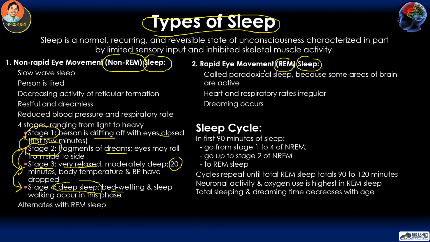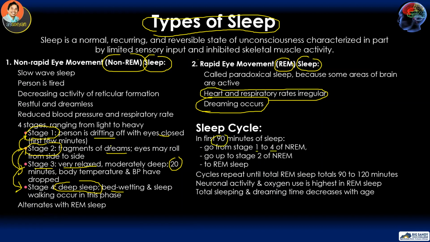Sometimes people also have what we call rapid eye movement sleep. This is when they have many dreams, maybe scary dreams. The heart and respiratory rate are actually irregular, sometimes increasing, during rapid eye movement sleep. In the sleep cycle, the first 90 minutes of sleep is usually from stage 1 to 4 non-REM.